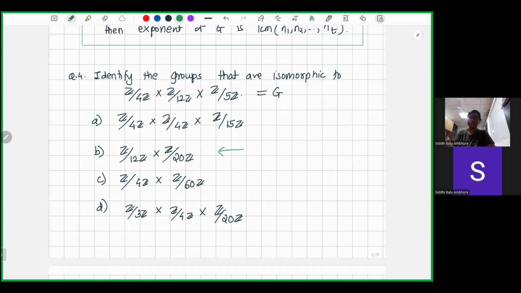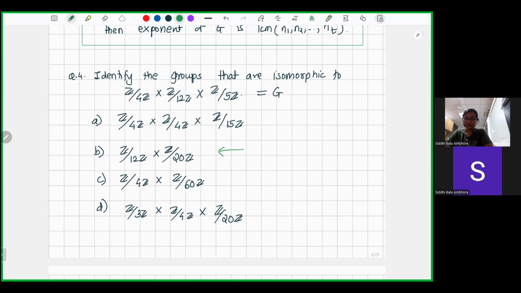So when they write this, they are basically clubbing such groups where the orders have GCD 1, and so on. Okay, so that's what we are doing here.